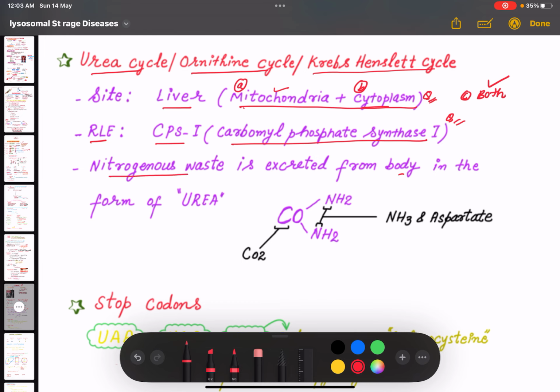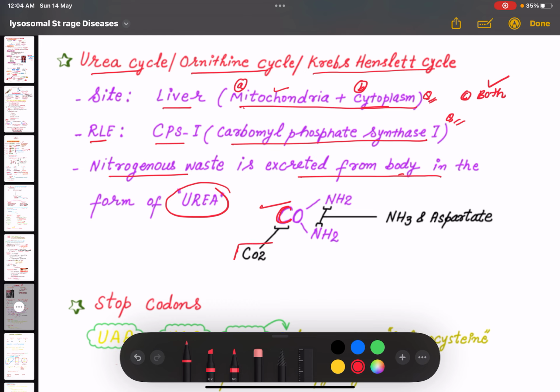Nitrogenous waste is excreted from the body in the form of urea. Okay, now let's see another important point. This urea has this structure, but in urea, where does this carbon come from?